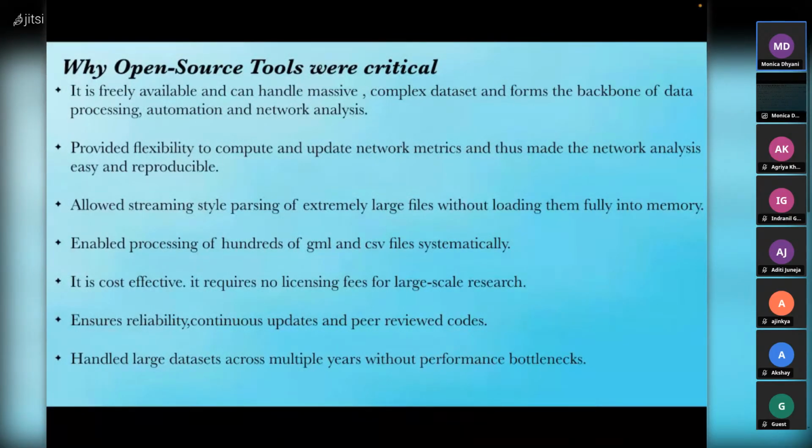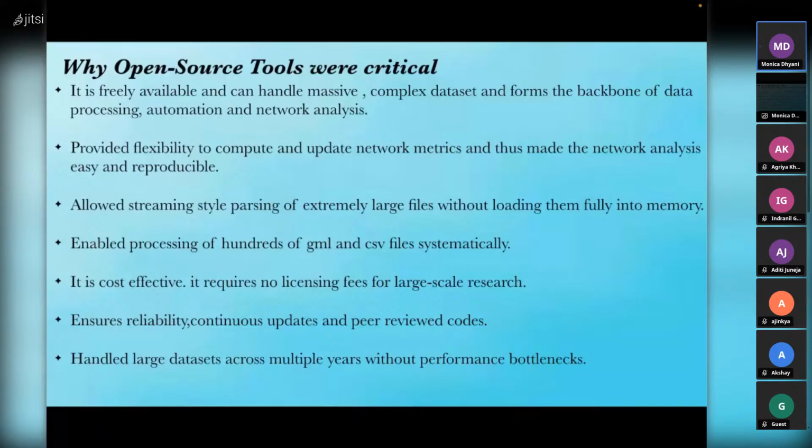Now, beyond just using open source tools, what really stood out were the advantages they offered for my research. These are freely available, cost effective, and continuously updated by a large community. They allowed me to process massive, complex data sets across multiple years without memory overload.